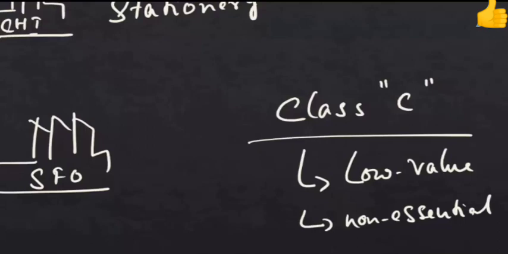So, for procuring Class C items or non essential items, you don't have to go through the entire purchasing cycle for every batch of products. Meaning, if you need 1000 coffee cups, you don't have to put a purchase order for that.